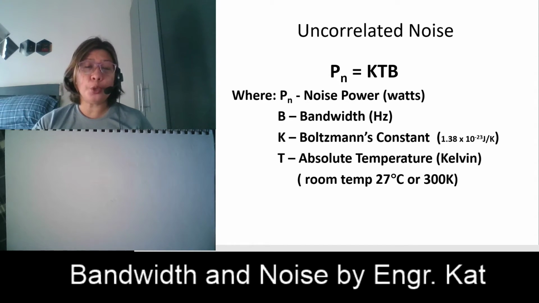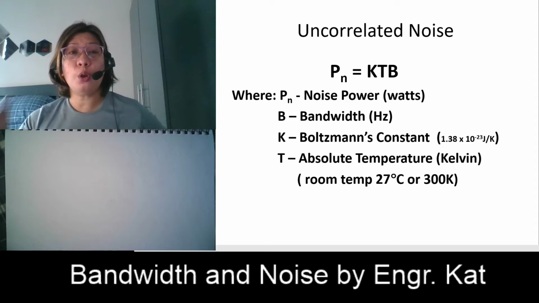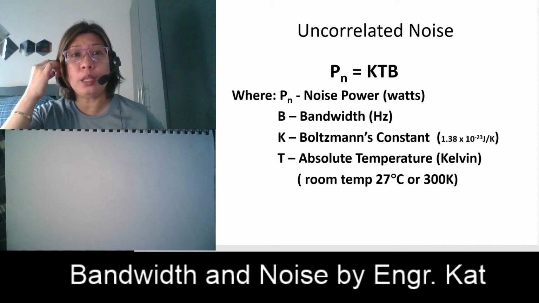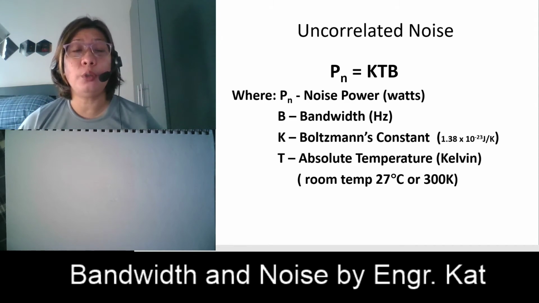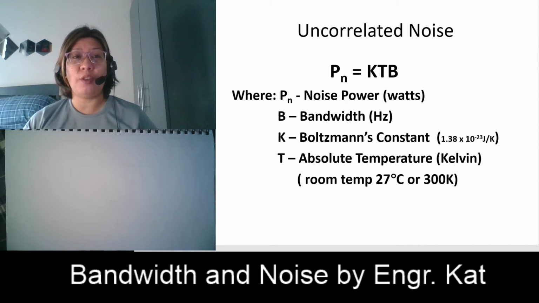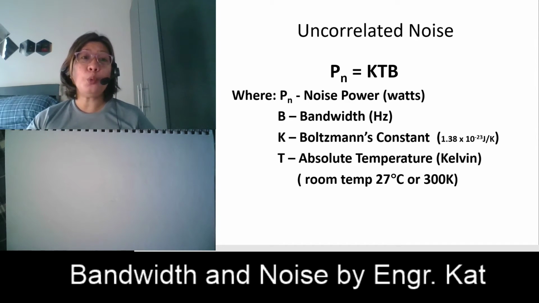Every time we mention room temperature, we are talking about 27 degrees Celsius, which is equivalent to 300 Kelvin. To convert Celsius into Kelvin, all you have to do is add 273. Usually in the problem we are given the temperature in Celsius, so you just have to add 273 because in this formula we have to make use of Kelvin.